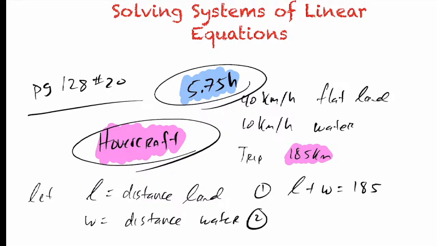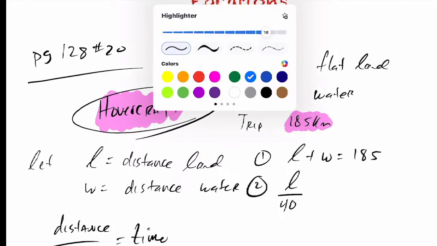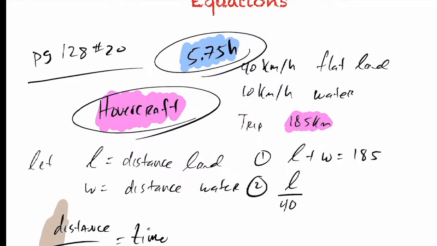So what you have to do here, Lena, and please let me know if you understand this or not, is take the distance you traveled by land and divide that by your speed. Because if you take distance and divide by speed, you get time. We didn't really come across that in the homework.